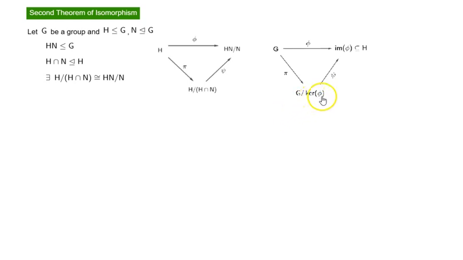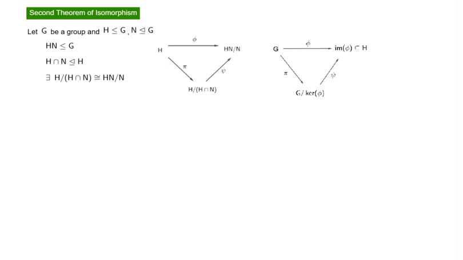Now remember, kernel of phi is a normal subgroup and G is a group. So here, H is a group. We have to show that H intersection N is the kernel of phi. And here we have to show that HN by N is equal to the image of phi.